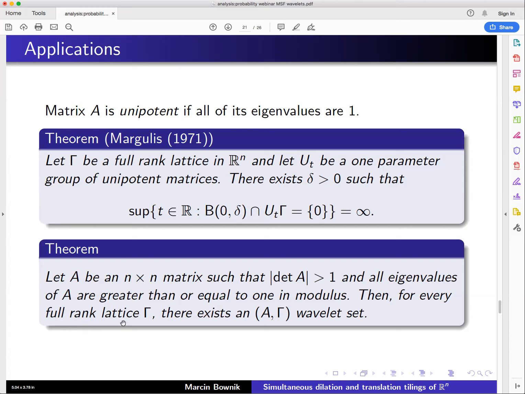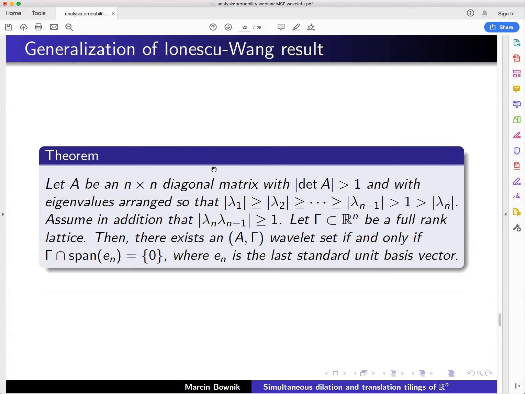As soon as one eigenvalue is below one, there will be lattices for which the wavelet sets do not exist. In fact, we have the following generalization of a result of Ionescu and Wang. Okay, so let's consider a diagonal matrix for simplicity. You arrange eigenvalues in decreasing order.